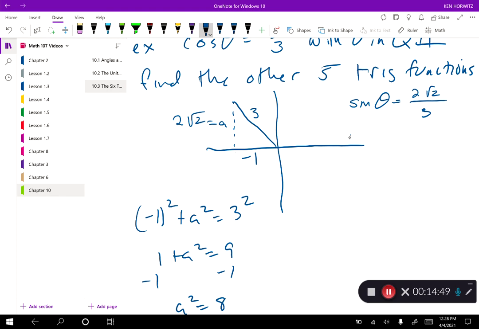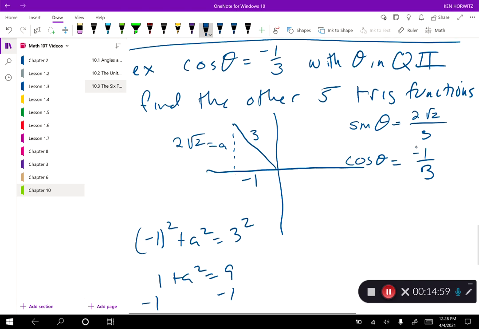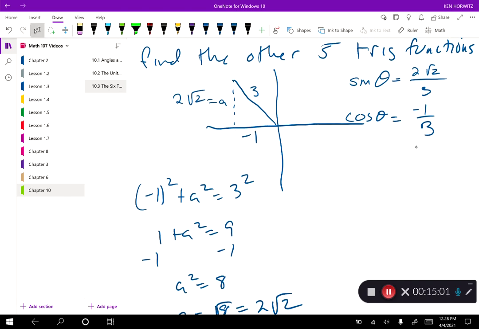The cosine of theta is going to be the adjacent over hypotenuse, negative 1 over 3, which was in the problem. And now the tangent of theta is the sine divided by the cosine. So we have, actually, you know what? I'm going to scroll down, just get a little bit more room.